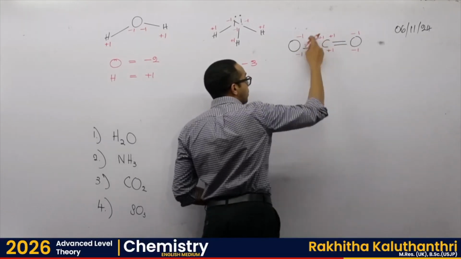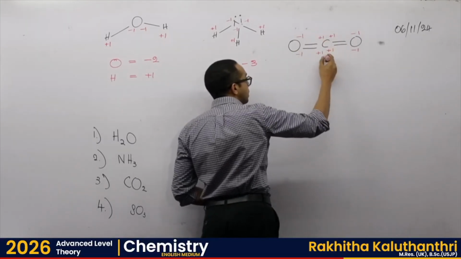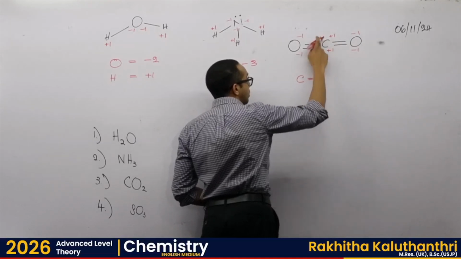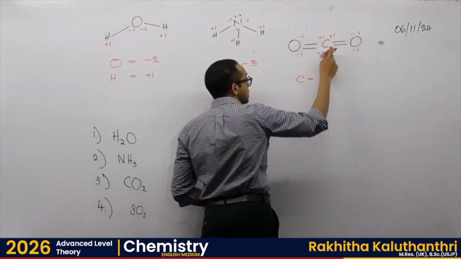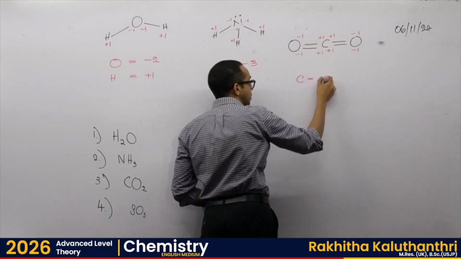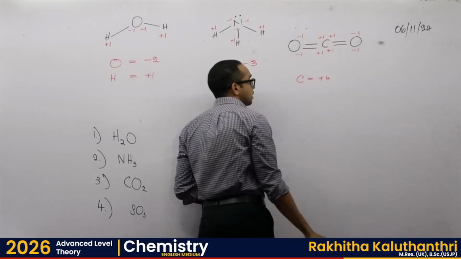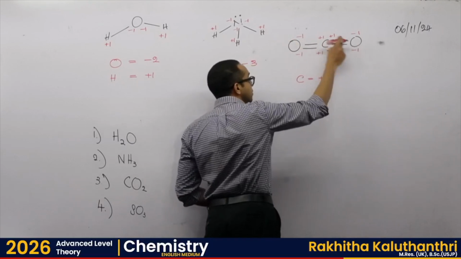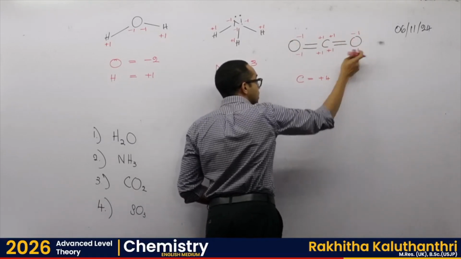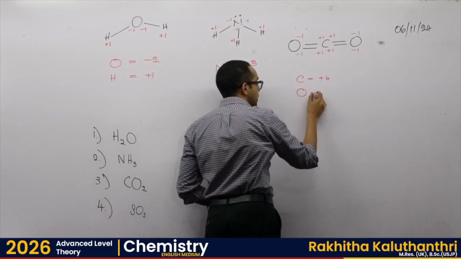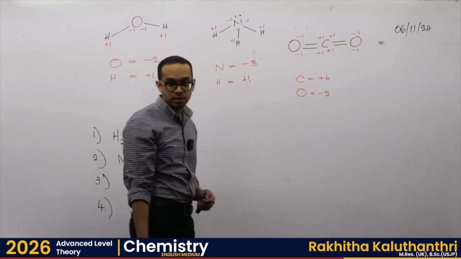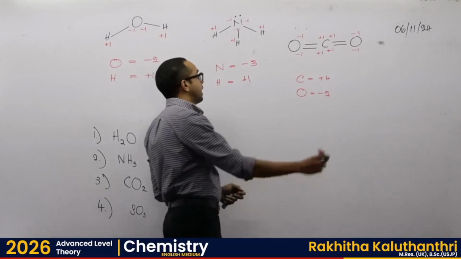So around carbon, the oxidation number of just carbon atom, you can see carbon has 4 positive charges. Single carbon atom has 4 positive charges, so therefore it is +4. Each individual oxygen atom is carrying 2 negative charges, so therefore oxygen over here is -2. Is that clear?